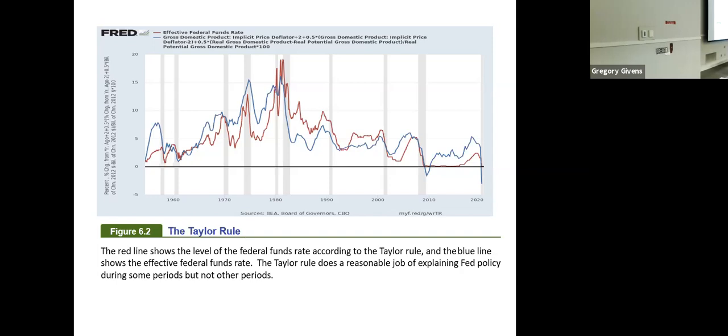Later on in the semester, and actually in the coming couple of weeks, we're going to develop something called a new Keynesian model that we can use that has in it a Taylor rule as one of the key equations, okay?